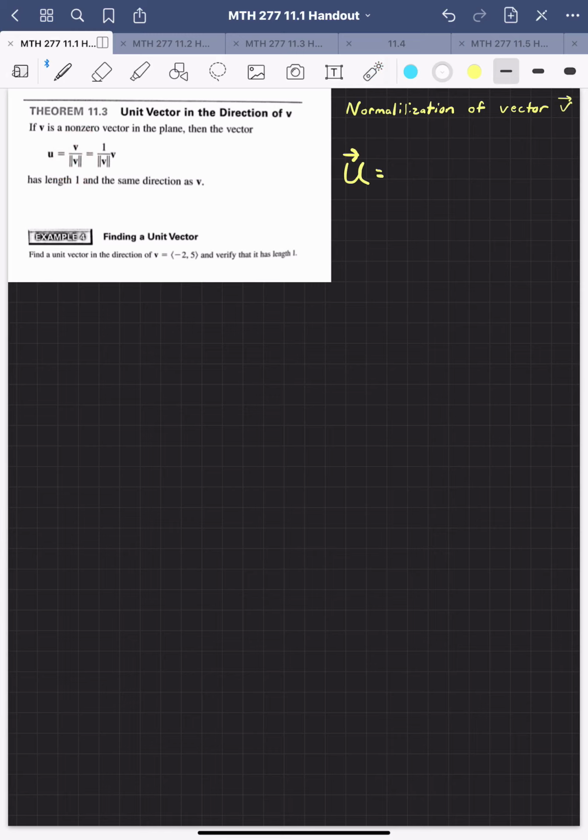In example 4, it says find the unit vector in the direction of v, where v is (-2, 5). Let me write that a little bit larger. So here's v. Now we want a new vector. This v is not good enough. We're going to call this new vector u.